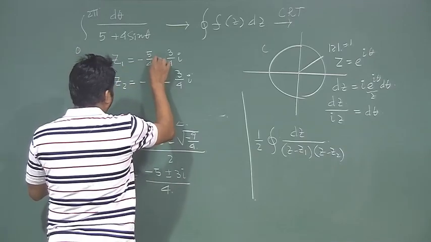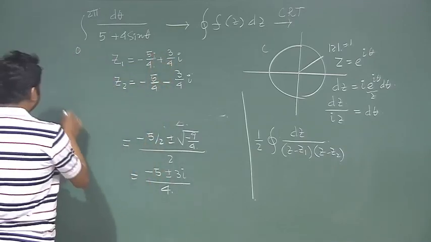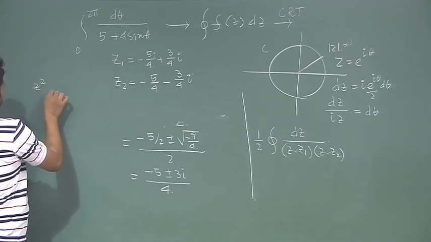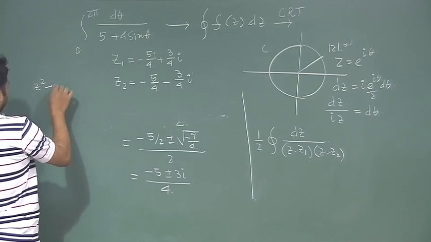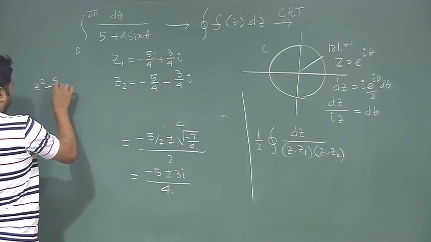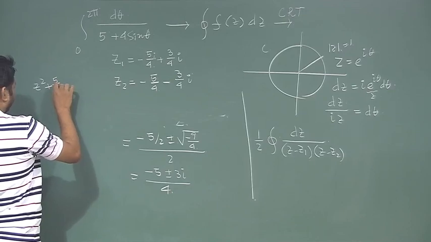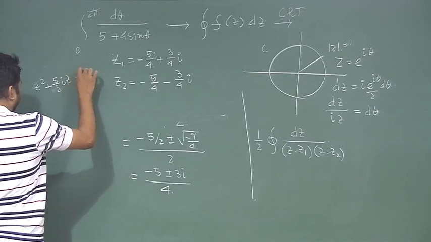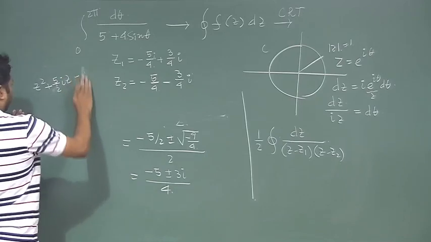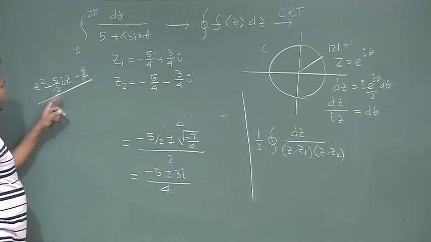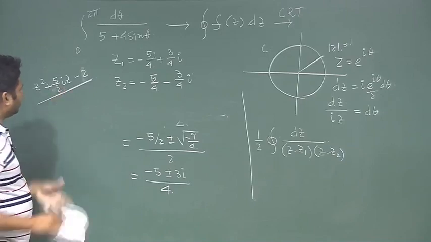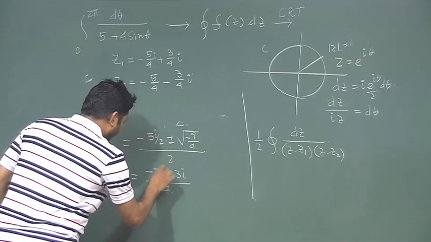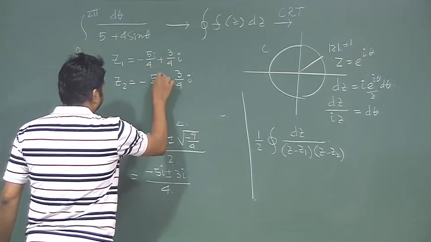Here there should be one I term because my total integration was something like z square plus 5 by 2 I z minus 2, it was something like this, please remember. So, one I term was there, so I missed this I term. Now I remember.